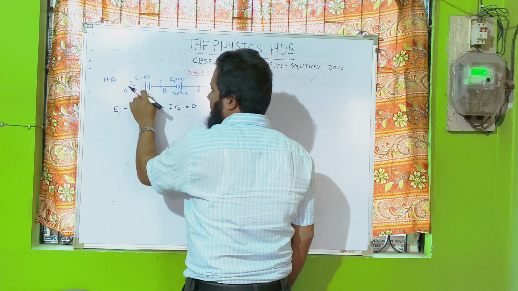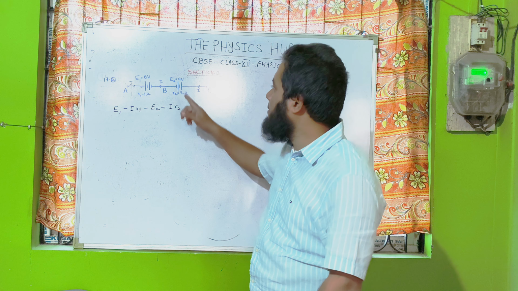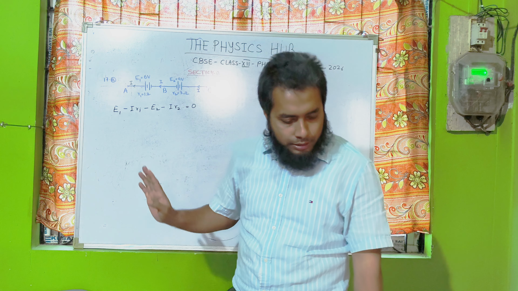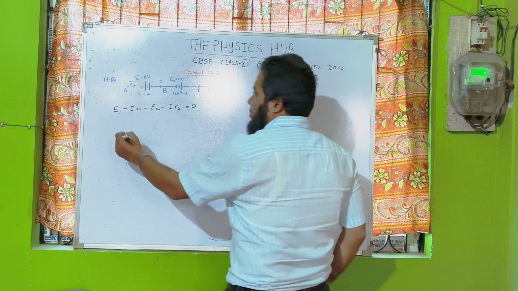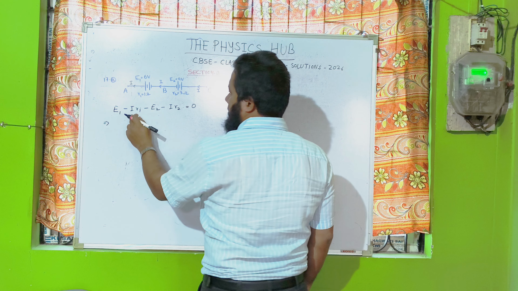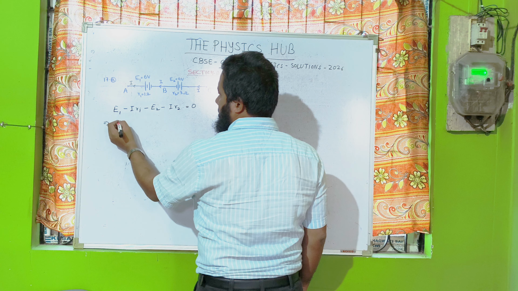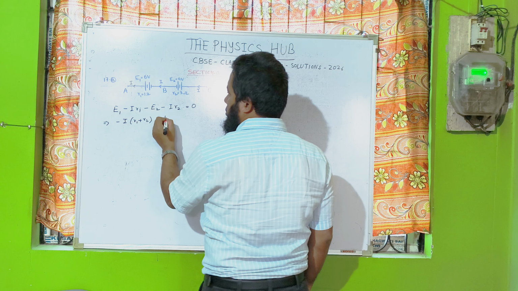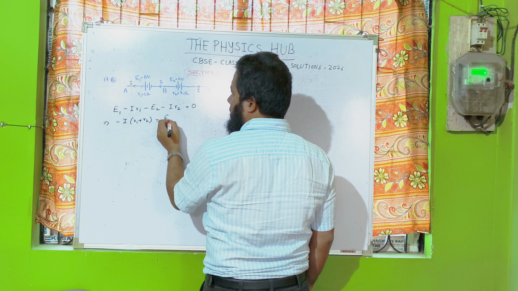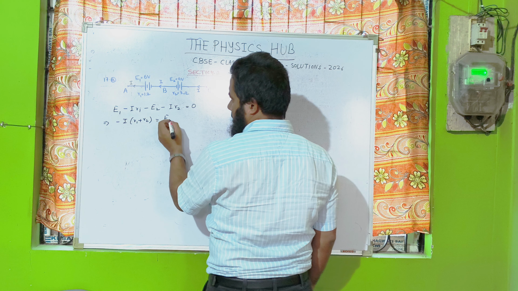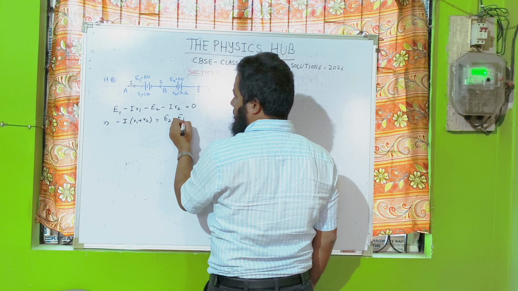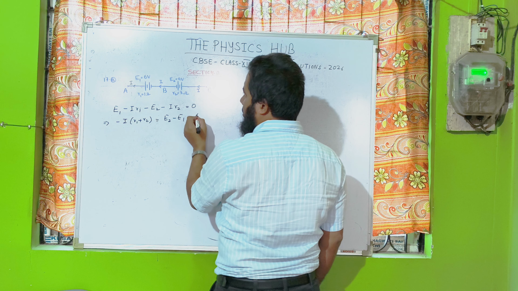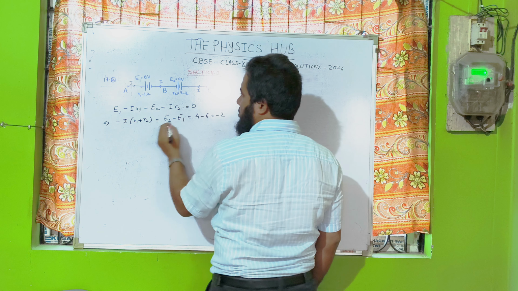Because this internal resistance is attached with this one, and this with that, we can write it like this. So minus I into R1 plus R2 is equal to minus E2 minus E1. The value of E2 is 4 minus 6, that is equal to minus 2.